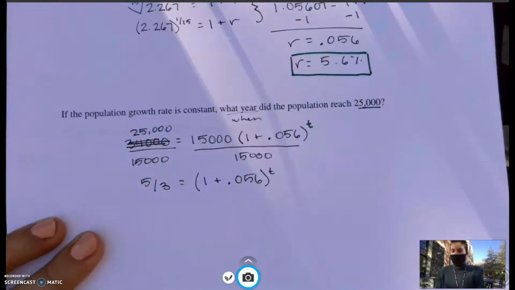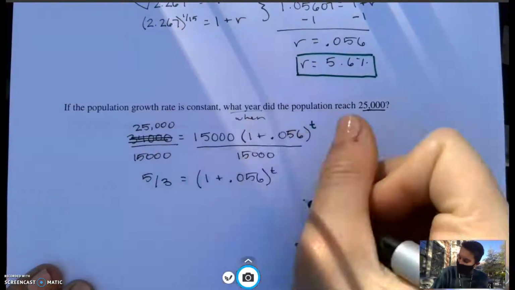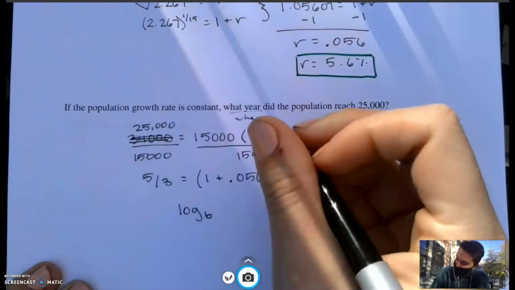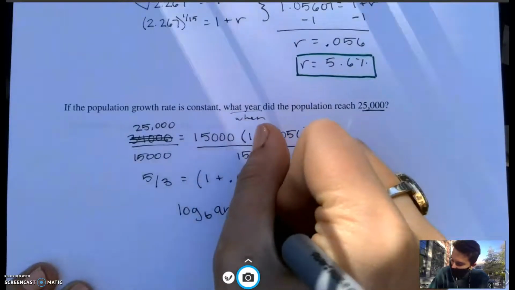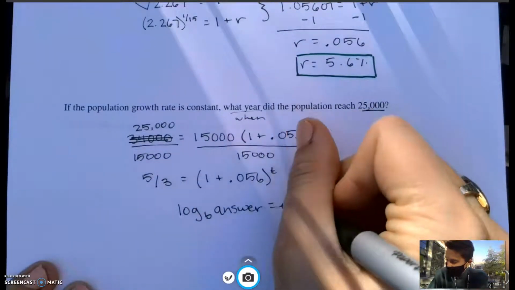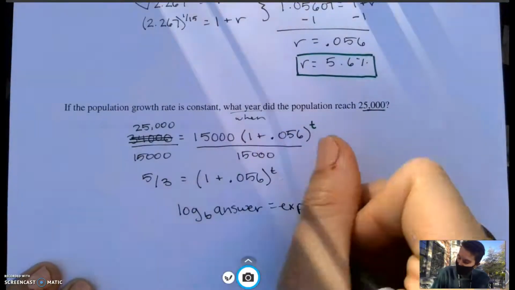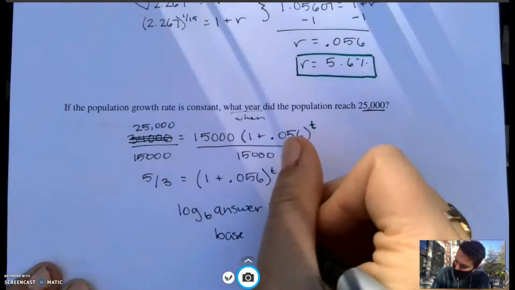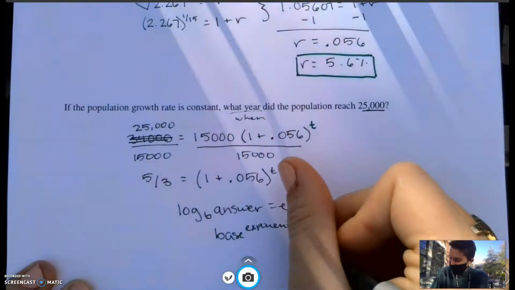This is where we get a little tricky. Remember that log base b of our answer is our exponent. This is also the same thing as saying your base b raised to an exponent equals your answer.